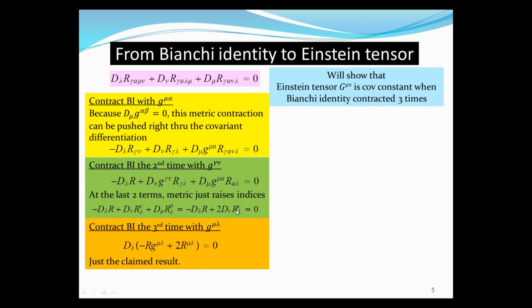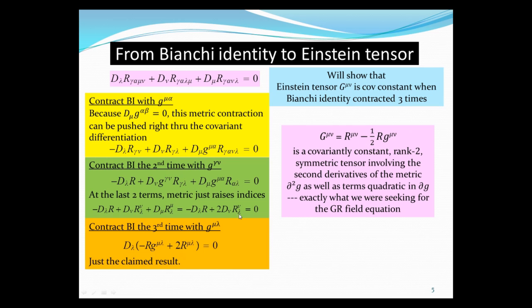But when I contract this time, it again just raises the lambda index here. So I have the covariant derivative of twice the Ricci tensor minus the Ricci scalar. And if I divide by 2 on both sides of the equation, that's exactly the Einstein tensor that we're claiming. Namely, this combination is covariant constant.